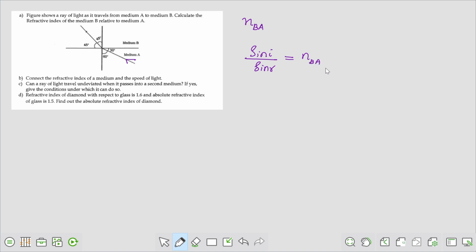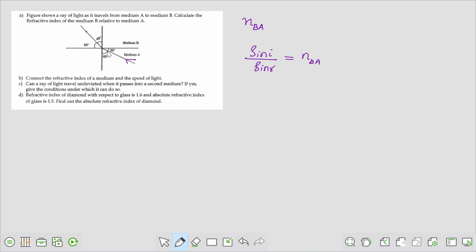Why are we writing NBA? Because N means the refractive index of the medium, and here the light is bending in medium B. That is why we write NBA. If light is bending in medium A, we write NAB. In this case, light is traveling from A to B and bending occurs in B, so we write NBA.